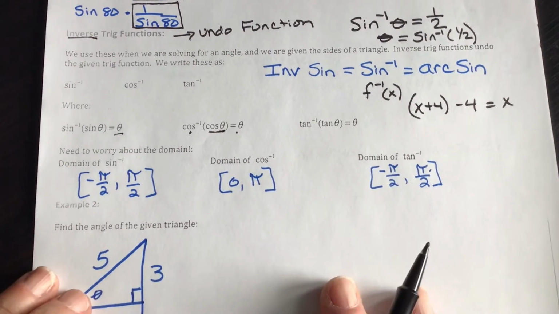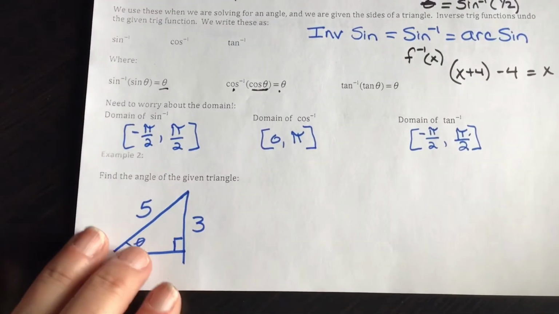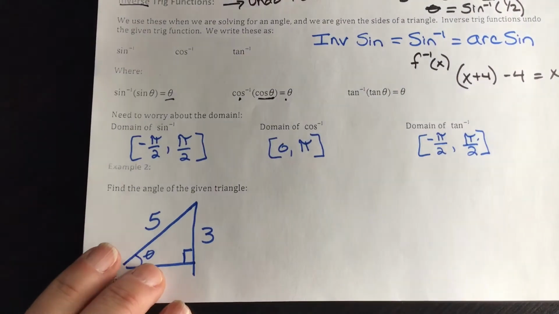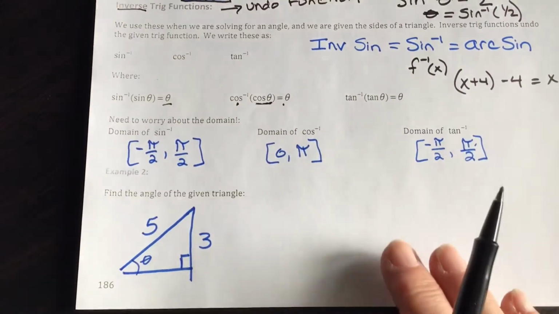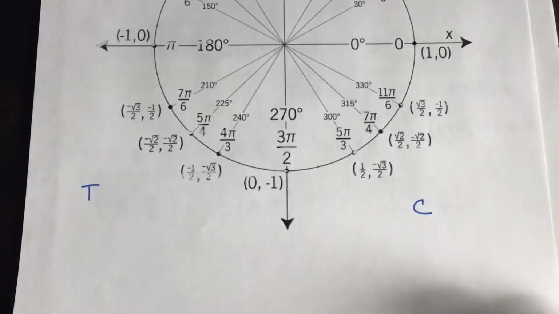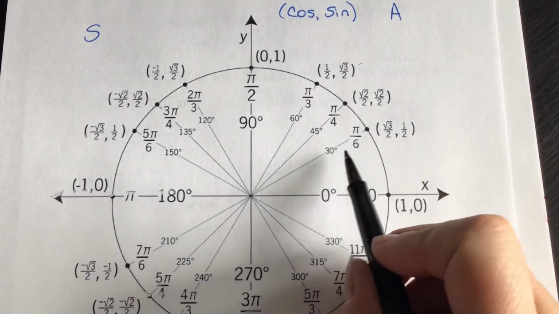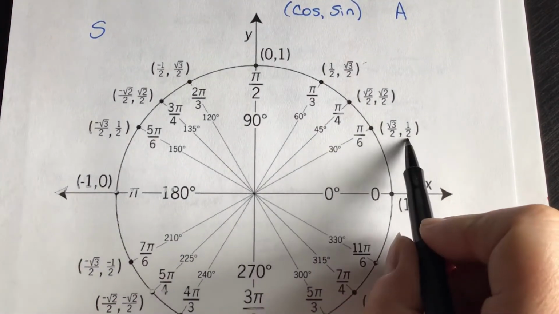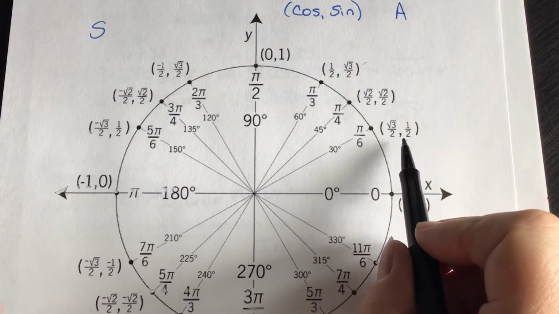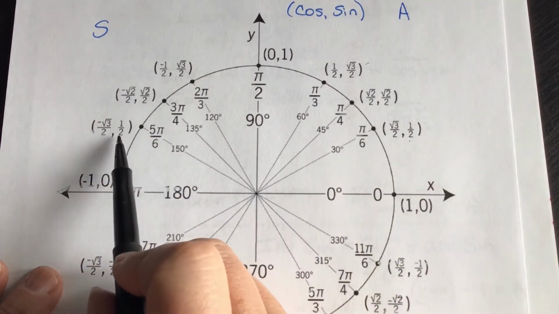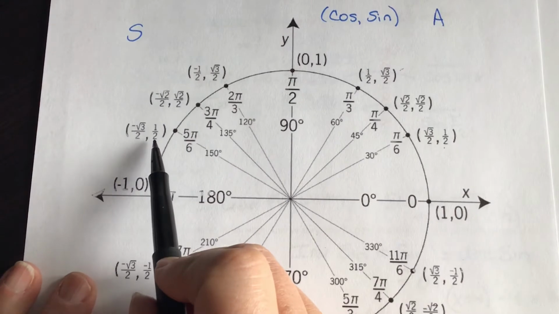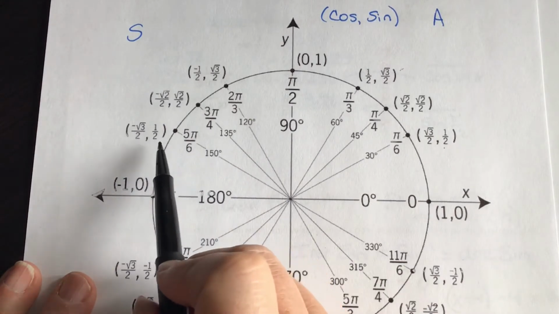Now, when we're working with cosine and sine, I'm going to go back to our sine of an angle is 1/2. So we said that that was pi over 6 or 30 degrees. But I can also find sine of an angle being 1/2 at 150 degrees.